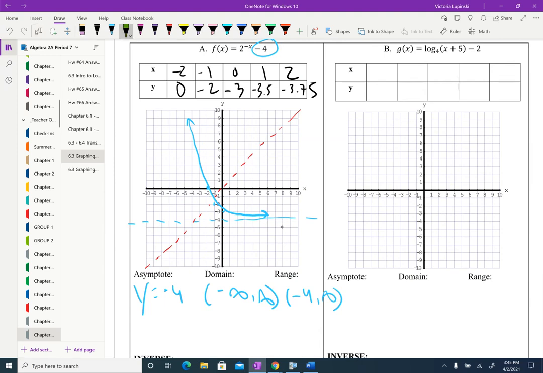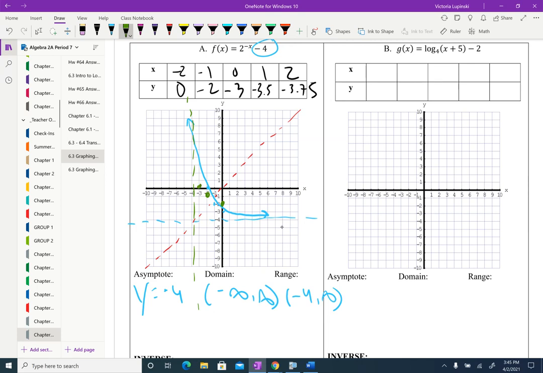So first of all, I know that there's an asymptote for the log here at negative 4. And then if I just invert some of those points, I'm going to get the point (0, -2). I'm going to get the point (-2, -1). I'm going to get (-3, 0).